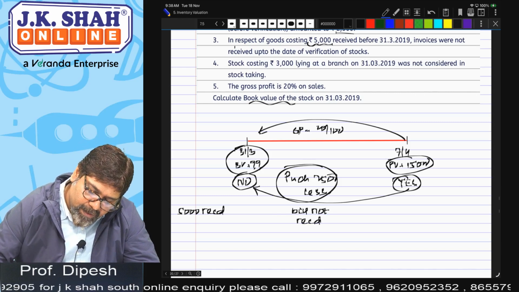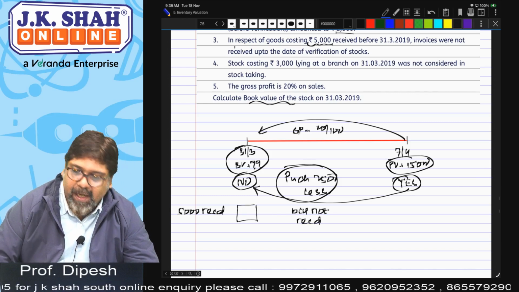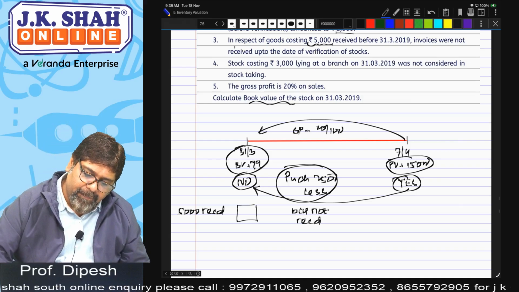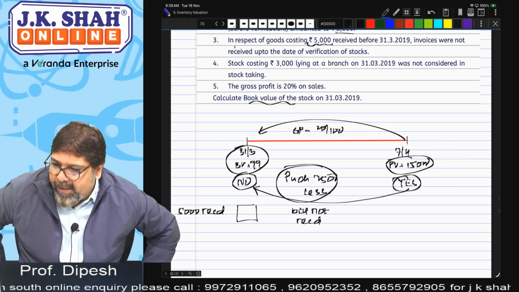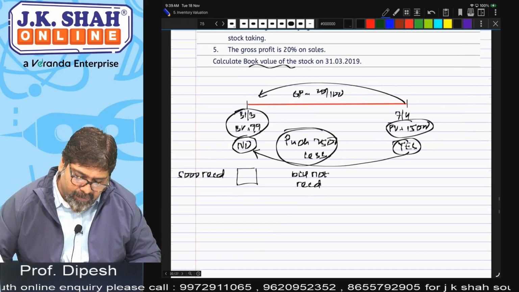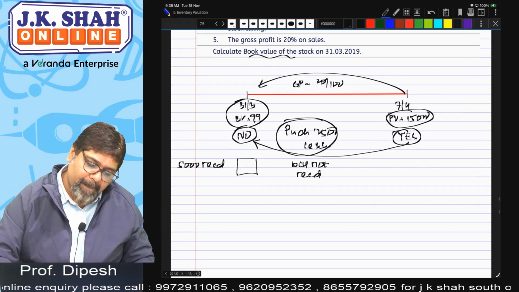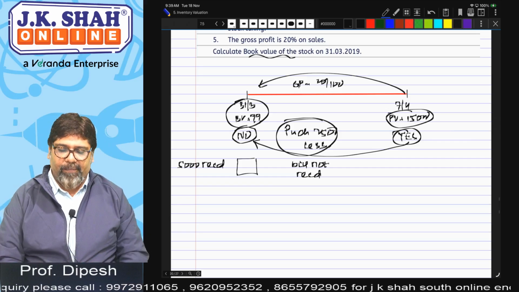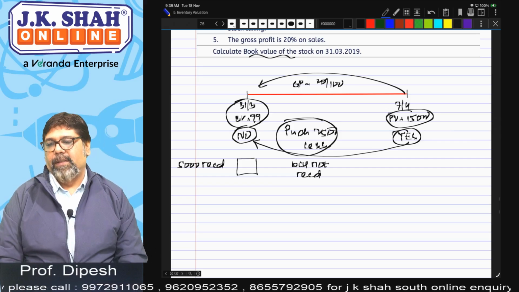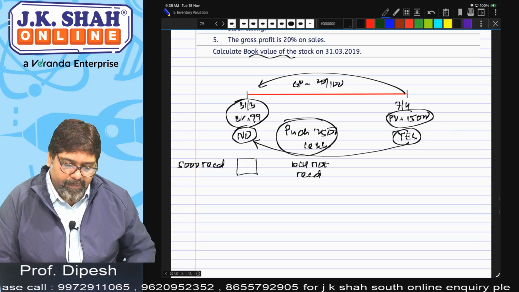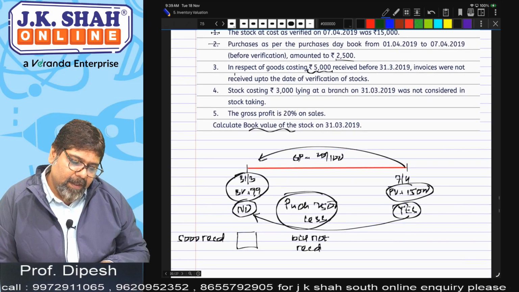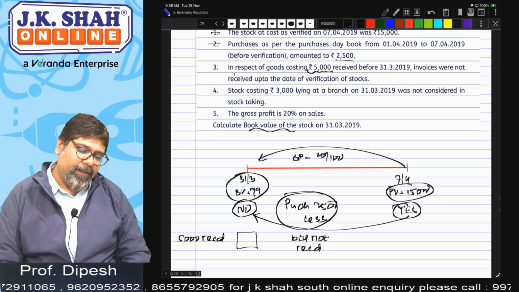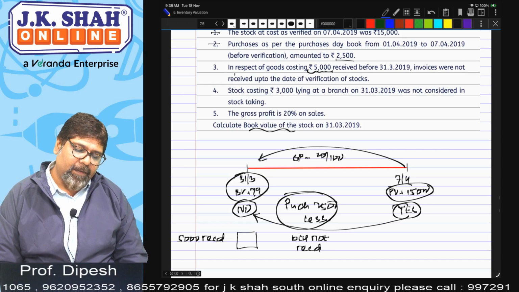My question is, on 31st of March, it should be there or should not be there? Yes or no? What shall I write on 31st of March?